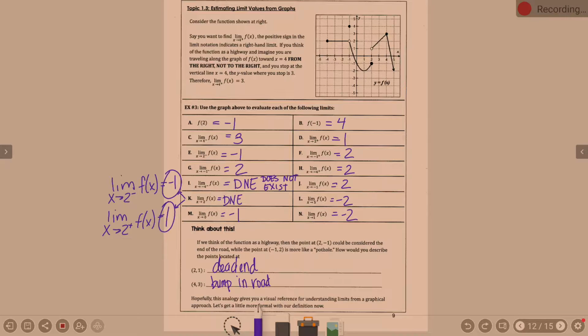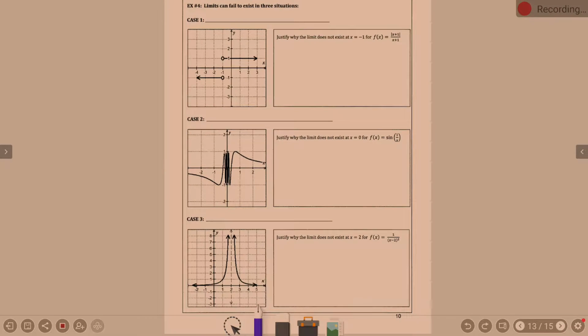Okay, we've got some examples on the next page of some special cases. Case 1. Limits can fall into 3 different situations. In this first case, limits differ on the left and the right, is what we're looking at here.